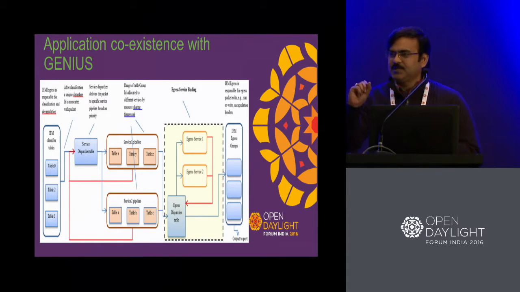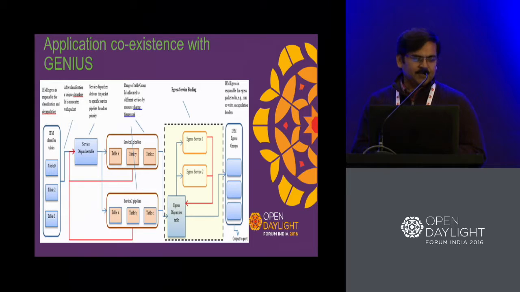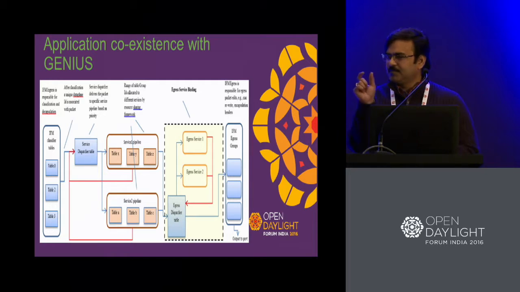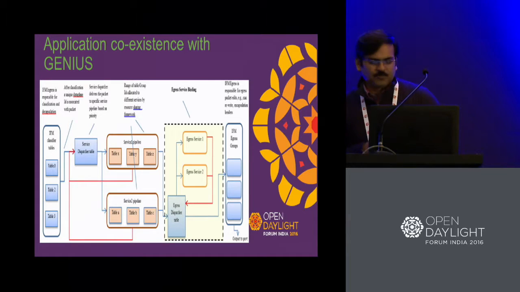The interface manager in Genius owns and programs this table 0 with those classification parameters. Once the packet is classified as belonging to a particular interface, table 0 associates a data plane ID with that packet. That data plane ID, which is the interface index, is further used to identify the interface the packet belongs to.